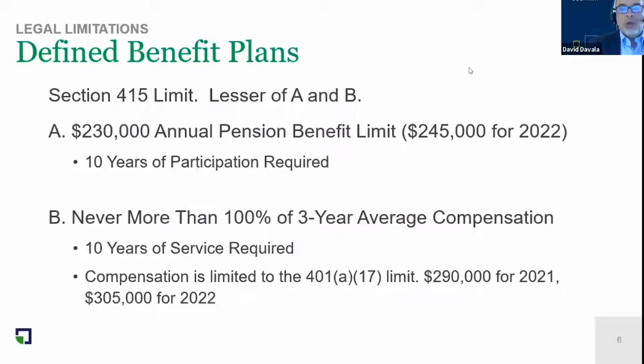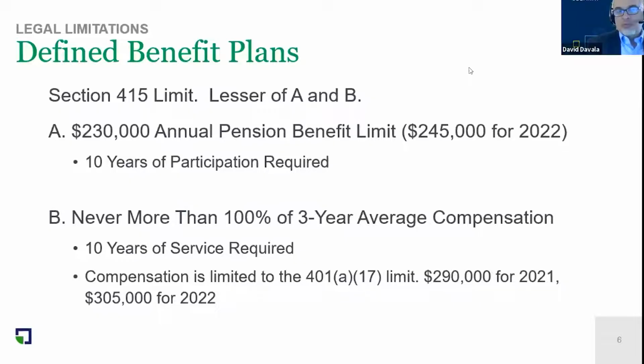And what we usually see when a participant has 10 years of participation and the maximum compensation is that the dollar limit is the lesser of the two, because the $230,000 is going to be lesser than whatever you're averaging in compensation, if you're averaging 290, 280, 285.